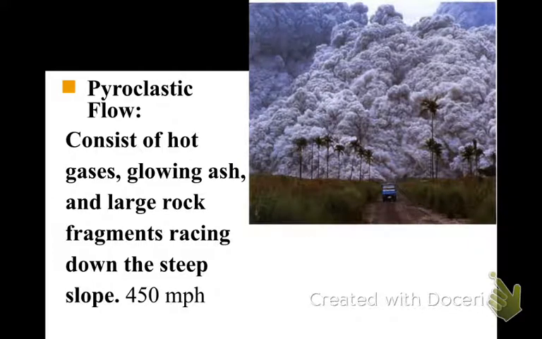Other times, it just instantly starts to flow down the side of the mountain. So that's kind of what you can see here in this picture. And again, usually a car is not going to outrun it. Maybe this is a slower pyroclastic flow and this car is faster. Or maybe no one's in the car, but that is a picture of it.